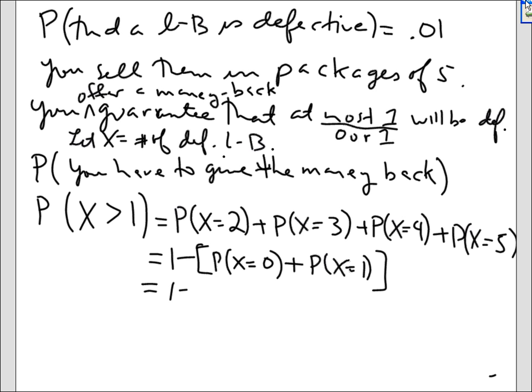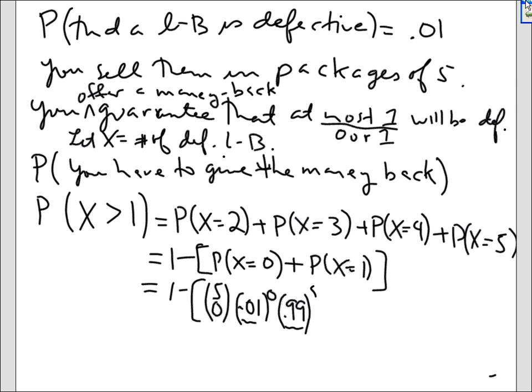Okay, the probability that exactly 0 are defective. Well, there are 5 light bulbs, and you want to choose 0 for success, not defective. The probability of being defective is 0.01, and you want none of them defective. If 1 out of 100 is defective, then 99 out of 100 are not: 0.99. 1 penny plus 99 pennies add up to 1.